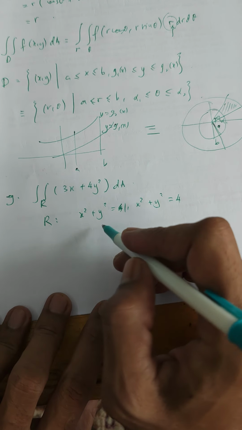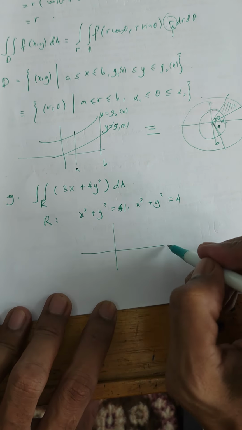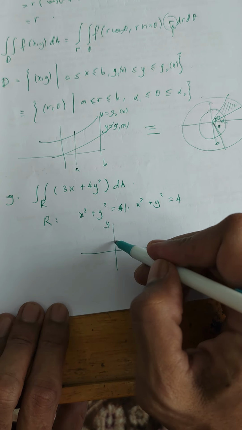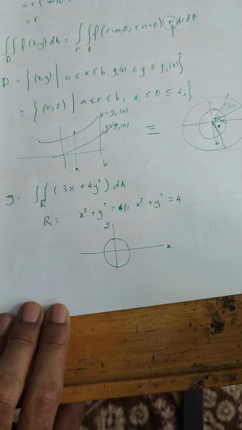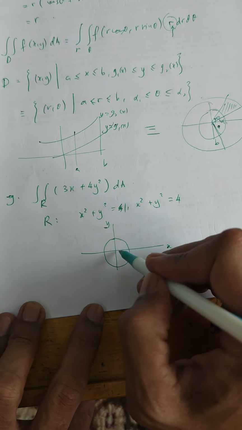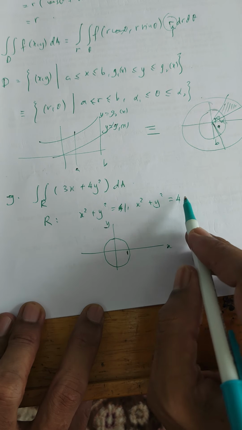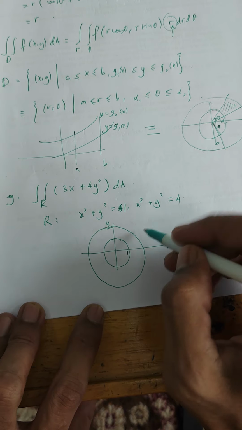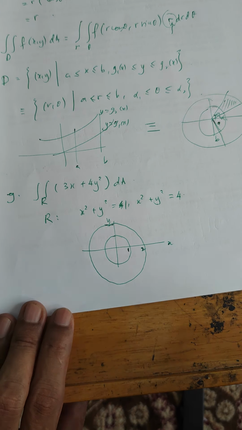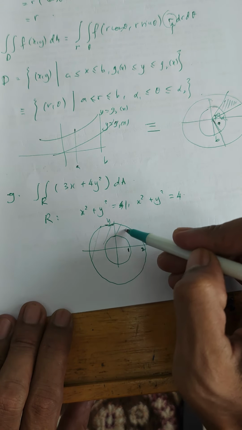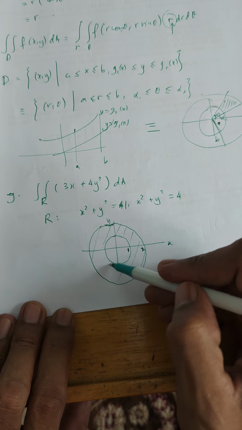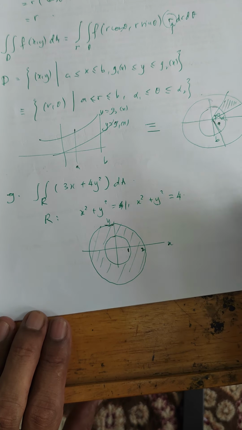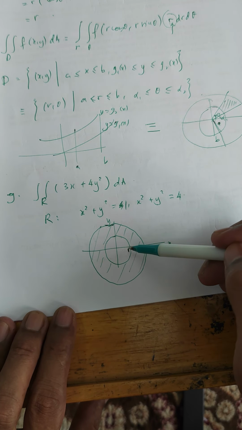Alright, so we have x squared plus y squared equal to 1, let's say that circle, and the other one is the circle with radius 2. So now our region is given by that. So basically it's the entire circle. In this case, our theta limit of integration is from 0.